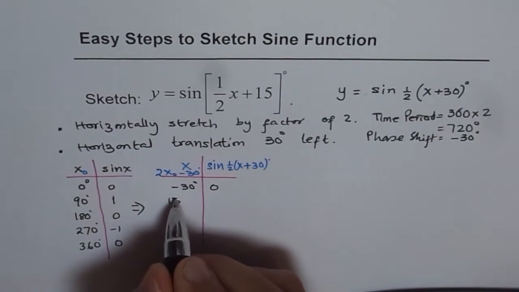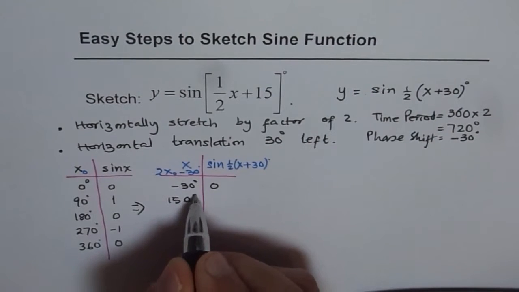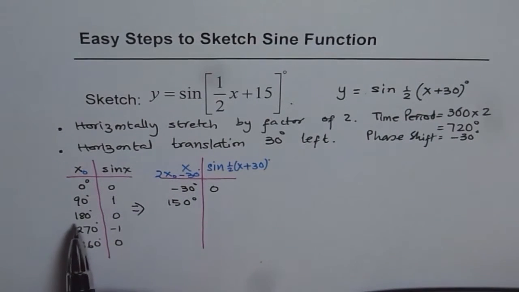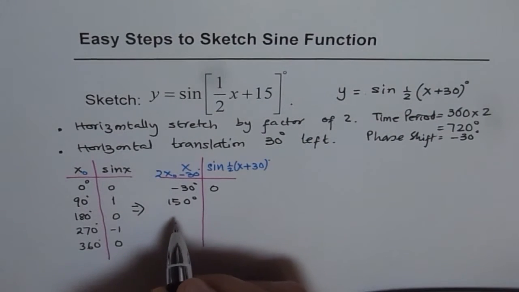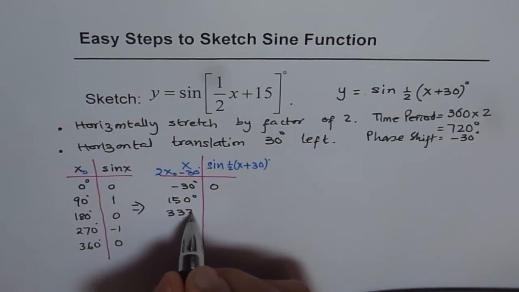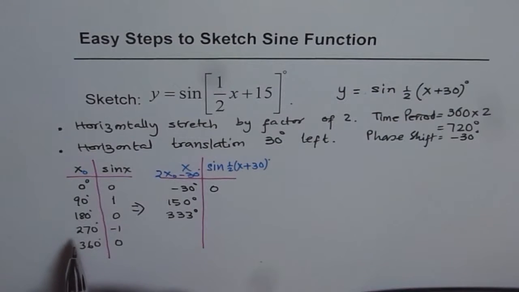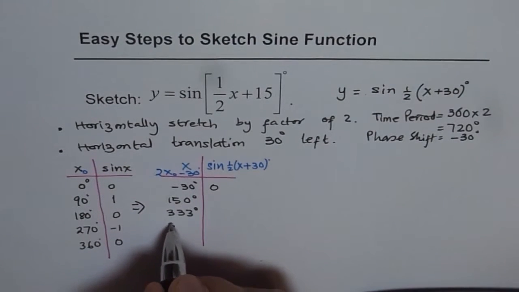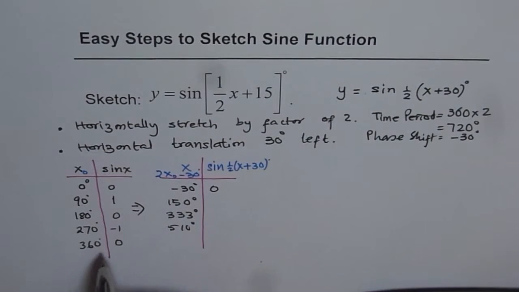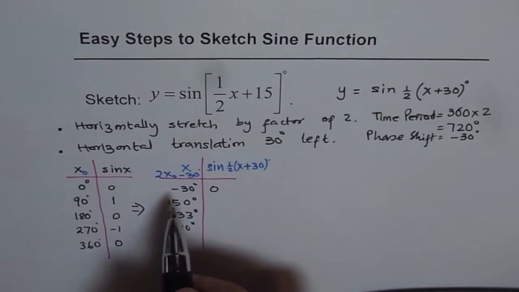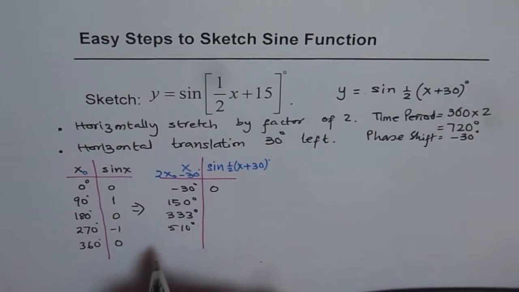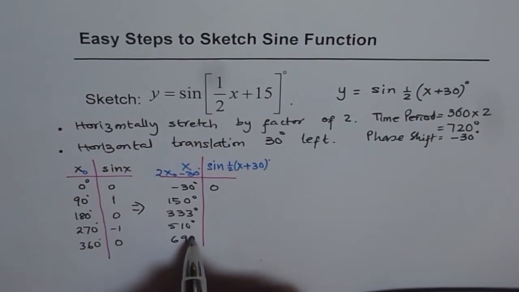So it is 150 degrees. 2 times 180 is 360. 360 minus 30 will give you 330 degrees. 270 times 2 is 540. 540 take away 30 is 510 degrees. And 360 times 2 is 720. 720 take away 30 will be 690 degrees.